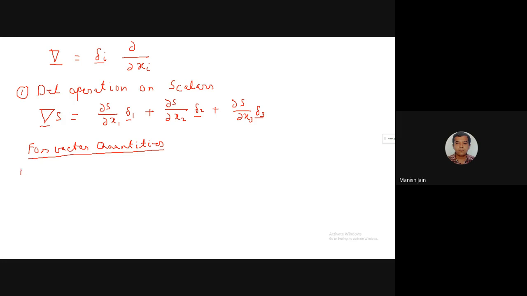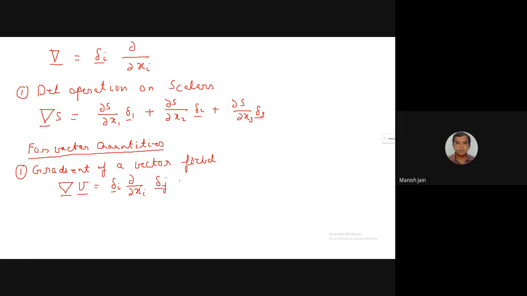First is the gradient of a vector field. It is a dyadic product. So del V, the gradient of a vector field, can be written as e_i ∂/∂x_i e_j V_j.